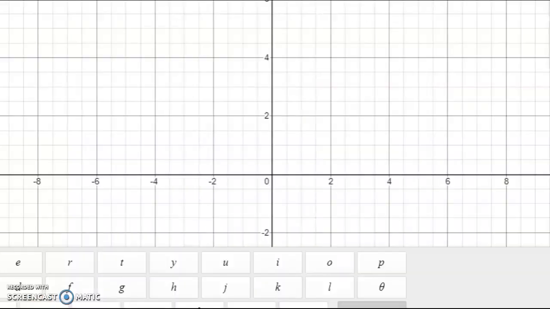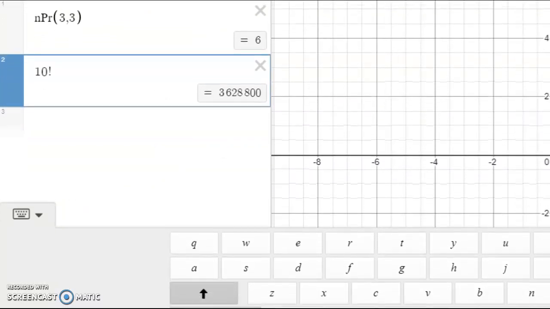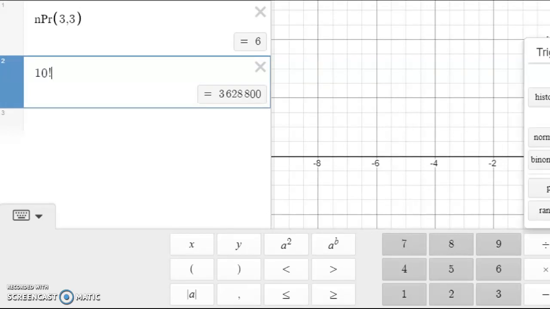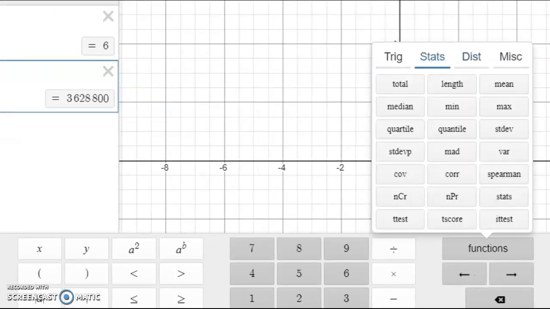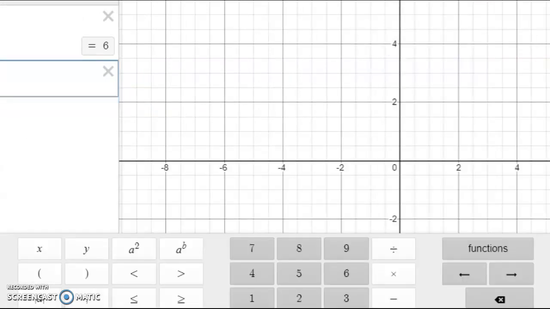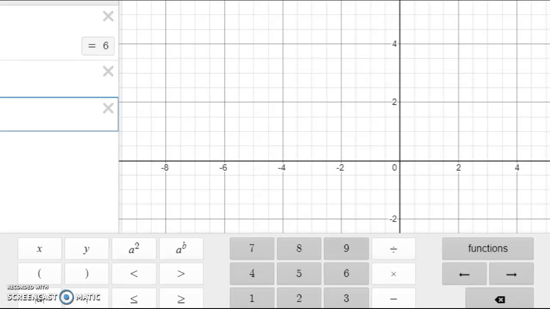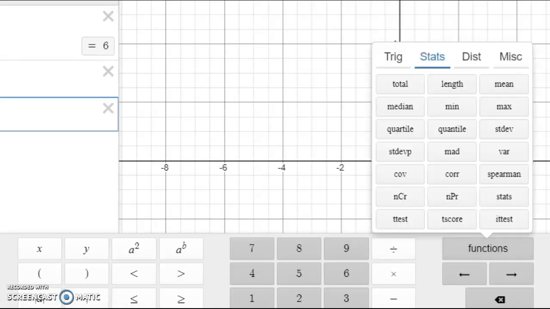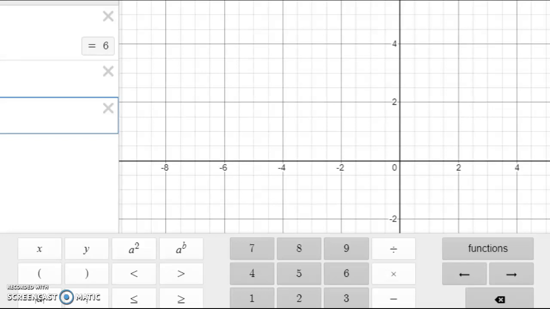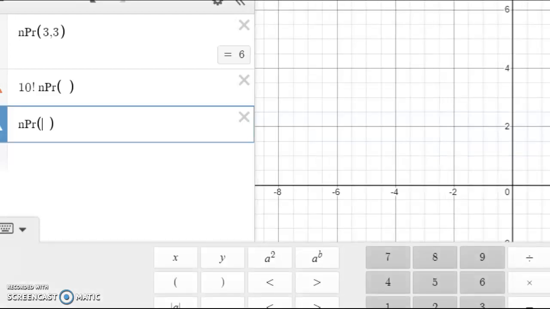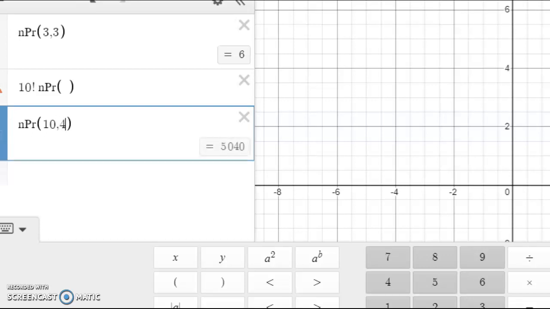So if you go to Desmos and you want the calculator to do it, you're going to have the functions again, and stats. You'll have permutation. Whoops, I didn't move down to the next one. You'll have the permutation of 10 things taken 4 at a time.